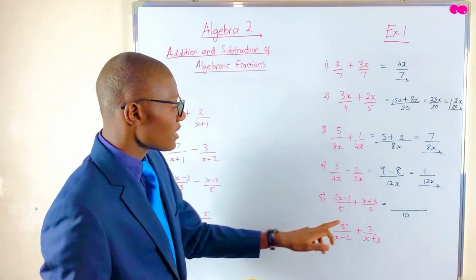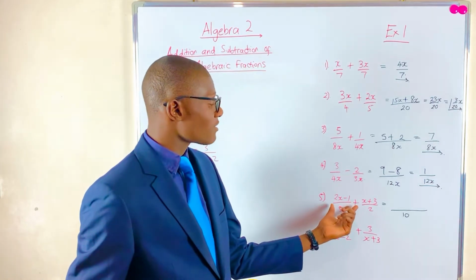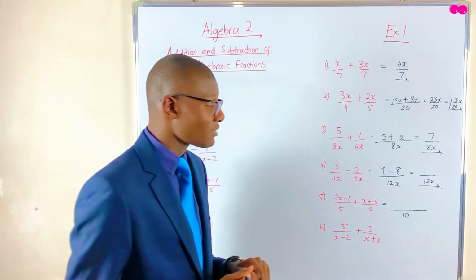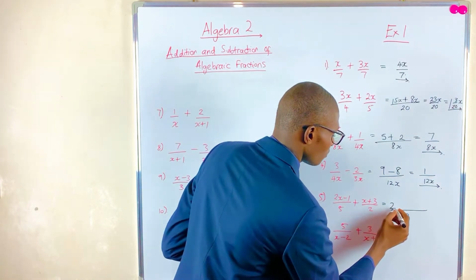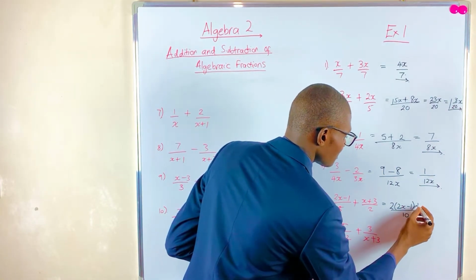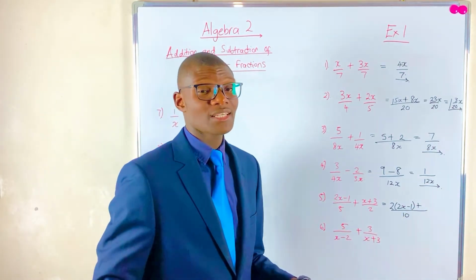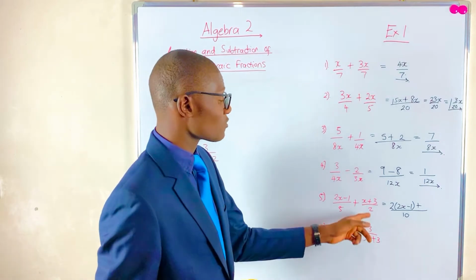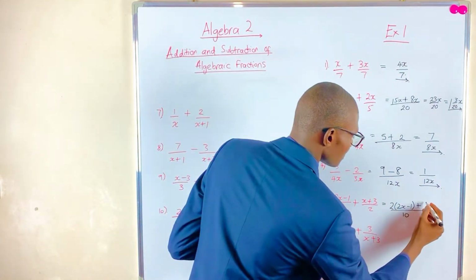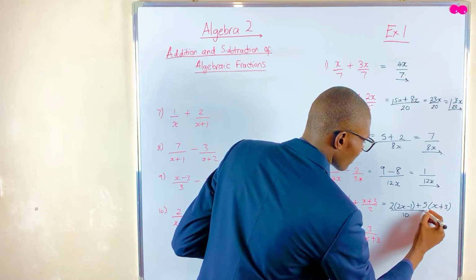And then 5 into 10 will give us a 2. 2 times the numerator 2x minus 1. We shall say 2 times 2x minus 1. Then plus 2 into 10 gives us a 5. 5 times what's in the numerator, which is x plus 3. 5 times x plus 3.